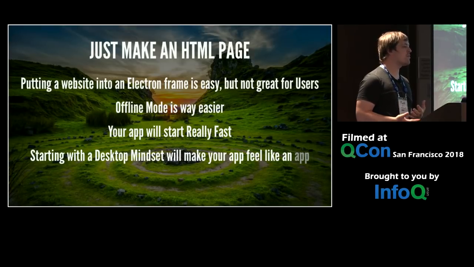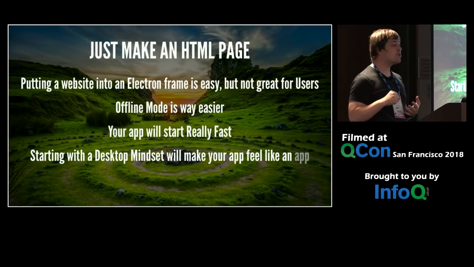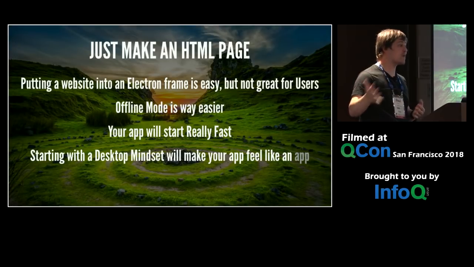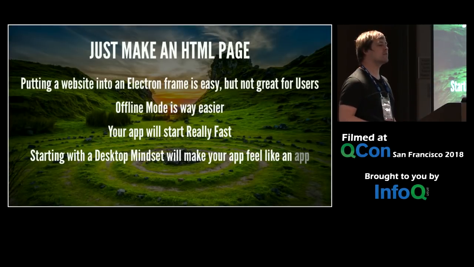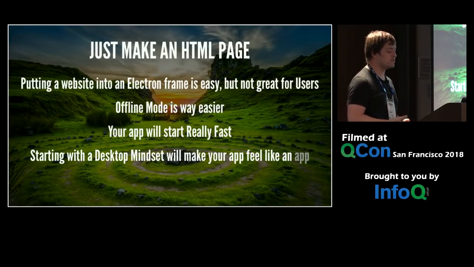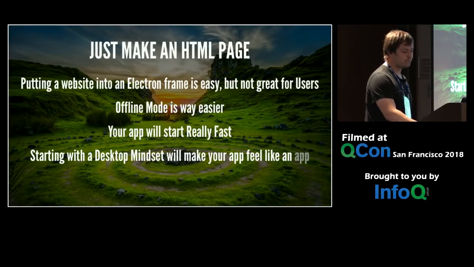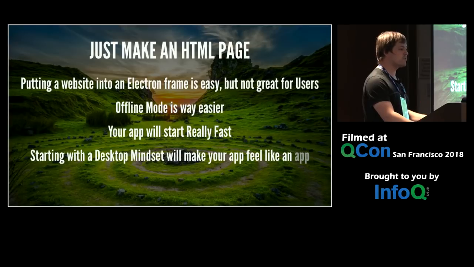It won't get you in the mindset of, oh, the minute I load, I need to make a JSON request to load the actual data of my app. So having this desktop mindset when you build a desktop application is really great, and you'll end up with a better application. And offline mode is way easier because you're already thinking from the beginning, oh, it needs to be on this computer.